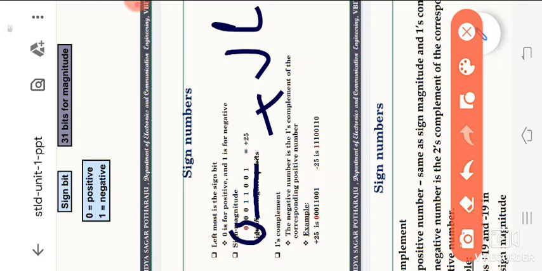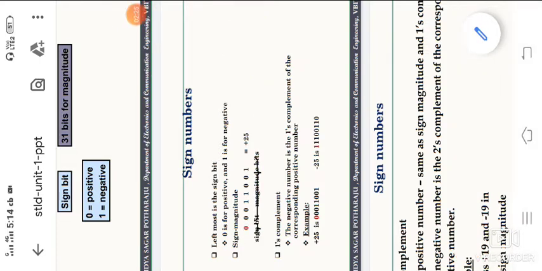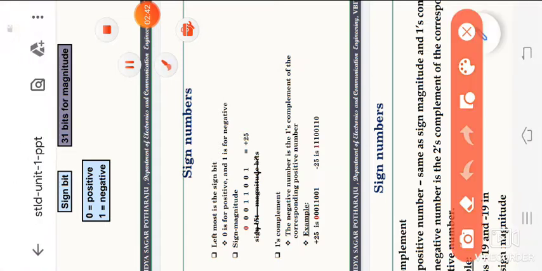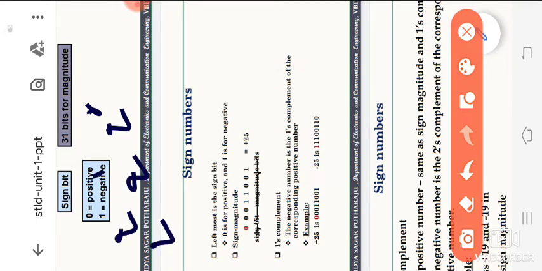So you have to observe, this is the value for 25. I will tell you how you get this value. There are a total of 7 digits, and in the 7 digits we are converting into the value. So you have to observe 421 code. In 421 code, these are the values 2 power 0, 2 power 1, 2 power 2.